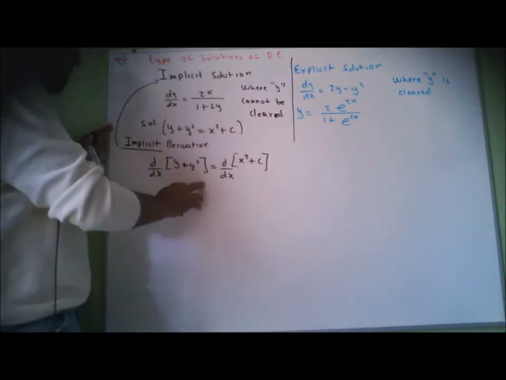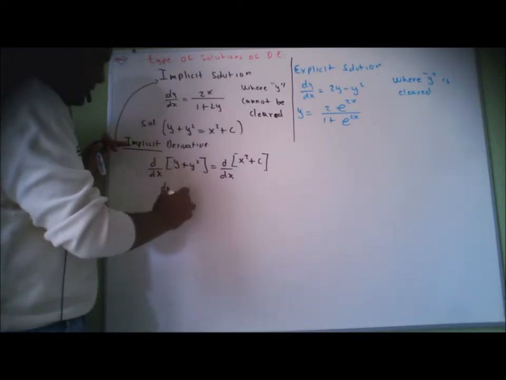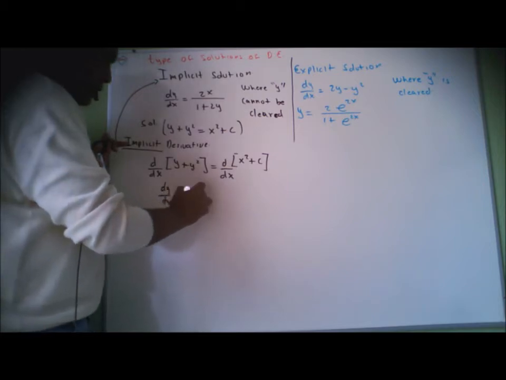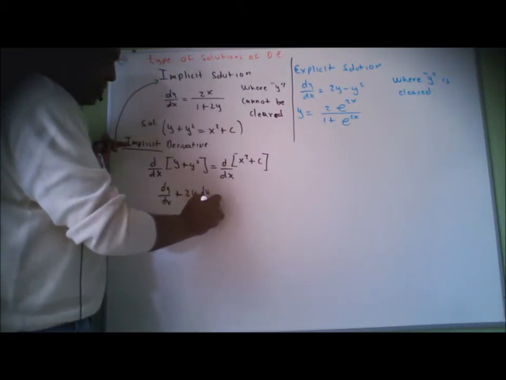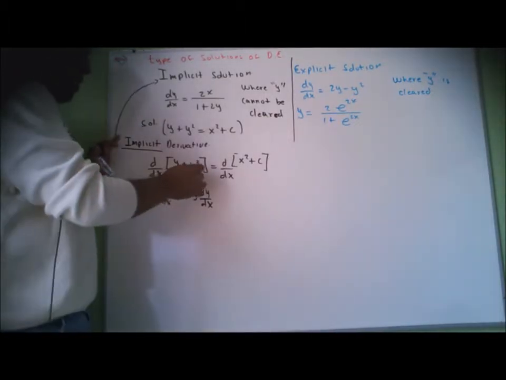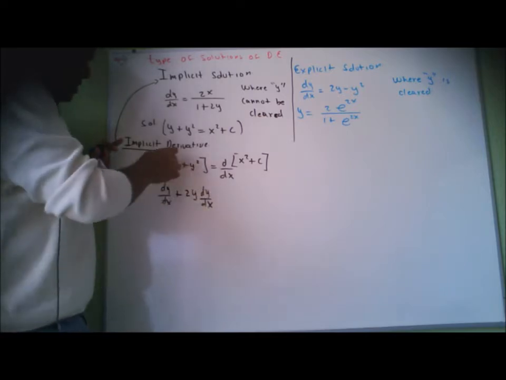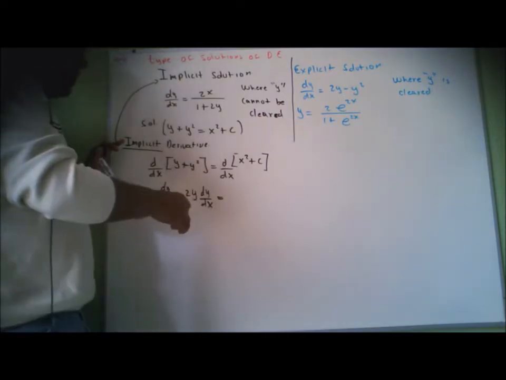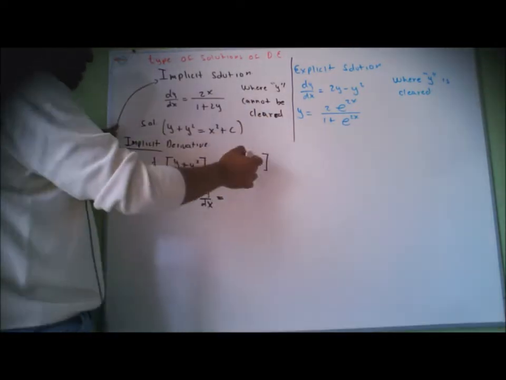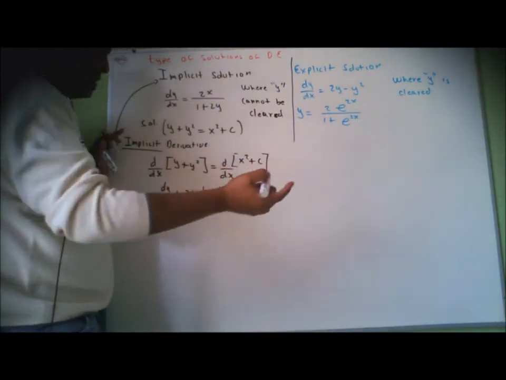Okay, be careful here. Derivative of y with respect to x plus 2y times the derivative of y with respect to x. That's it. Here we apply the chain rule, regla de la cadena, to get this derivative. And this is on the left side. On the right side, the derivative of x squared is just 2x, the derivative of the constant is 0.